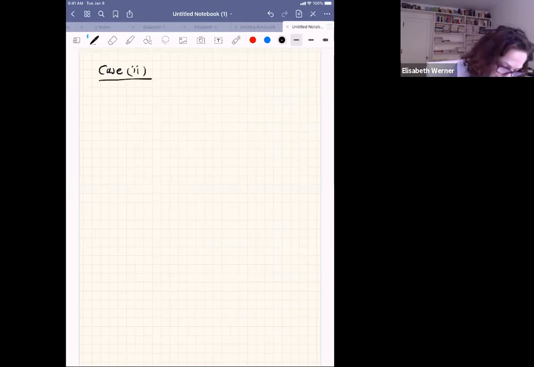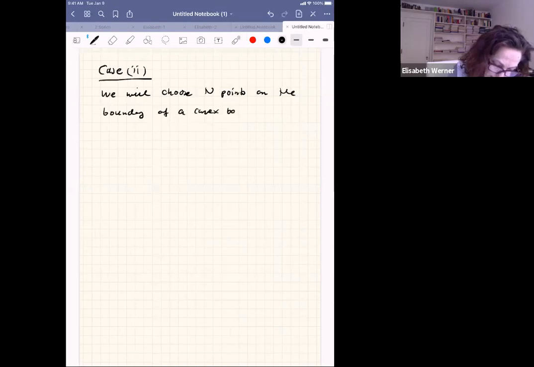So we will choose endpoints on the boundary of a convex body K with respect to a probability measure. I'll denote it by PF. So what is PF?